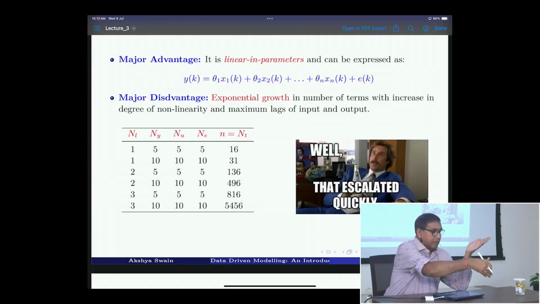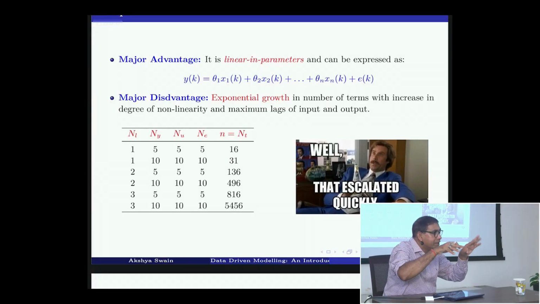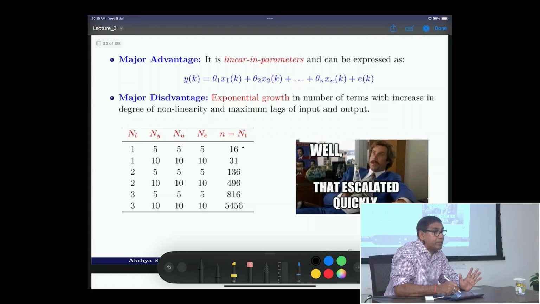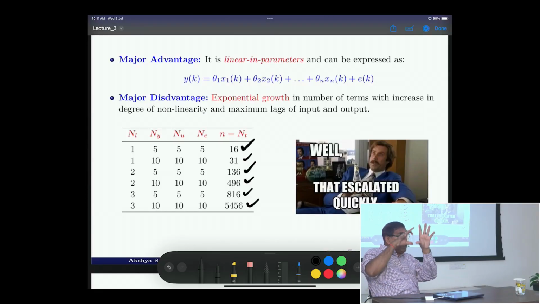Now we saw it, right? But in a nonlinear system, if you do the same thing, the number of possible parameters is 16, 31, 136, 5,000. So you cannot do such trial and error sitting at the computer if it is nonlinear. Linear systems, we do it like that, right?